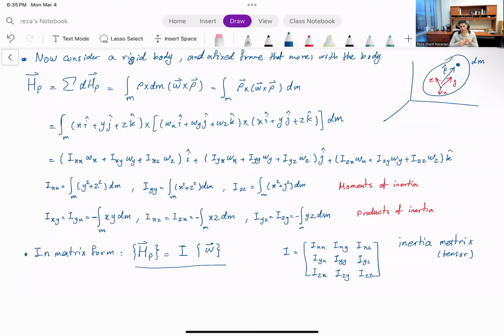One thing I should also mention: the textbook uses tensor notation. A tensor is essentially an extended version of a vector. You can do dot products and cross products of tensors and vectors. It's a slightly different notation than matrix notation.